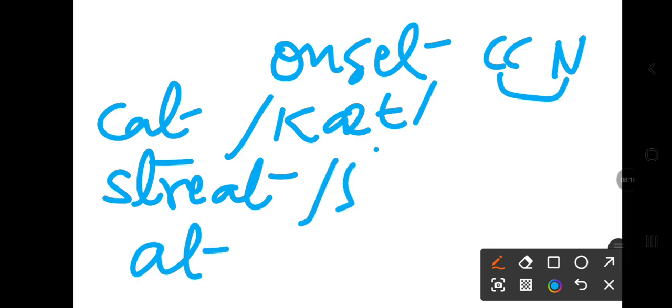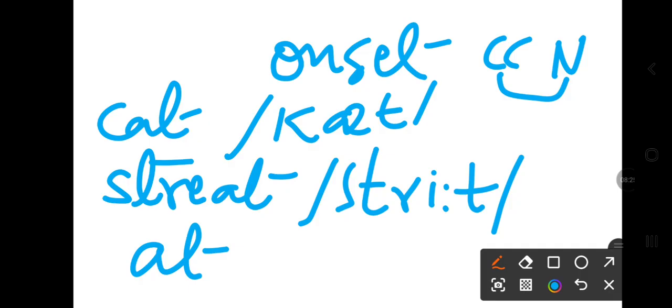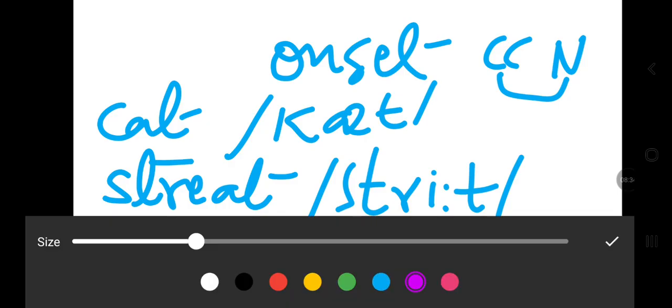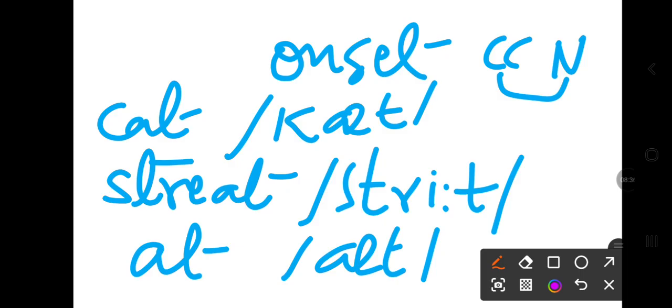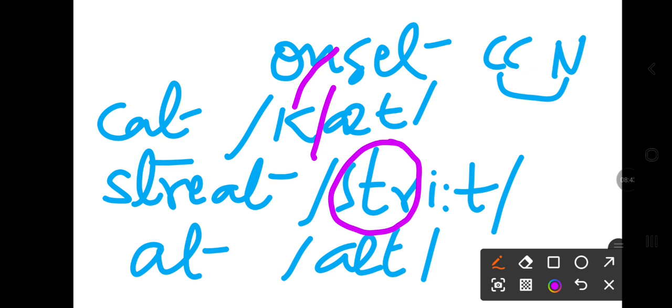Here, if we see the consonant K, that is onset. Here are 3 consonants in street, so that is onset.